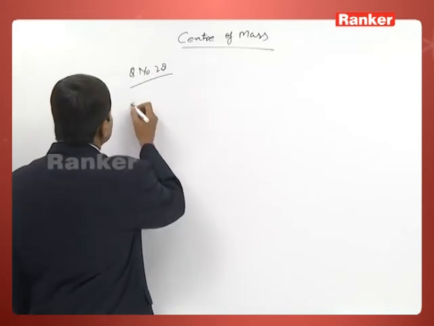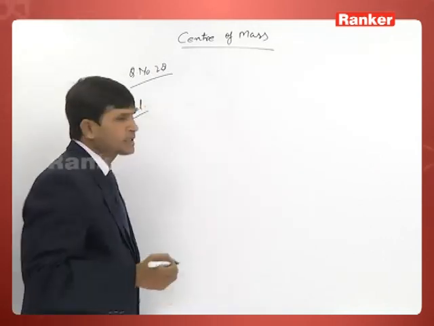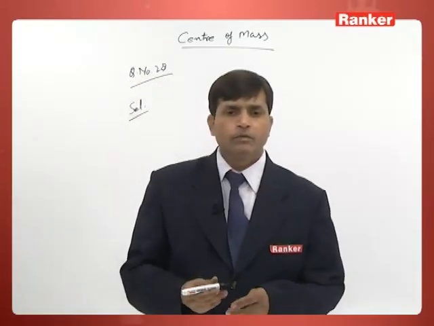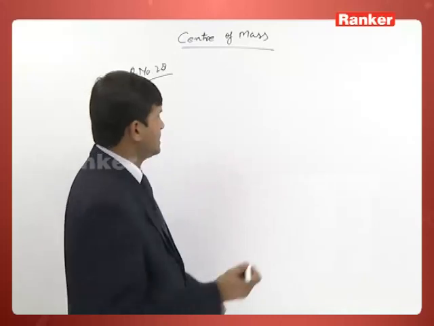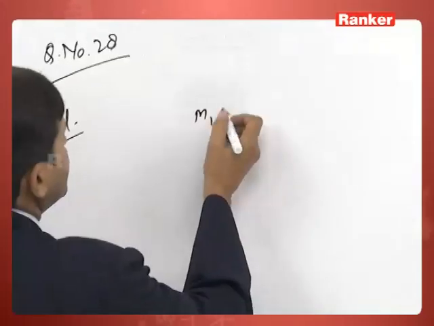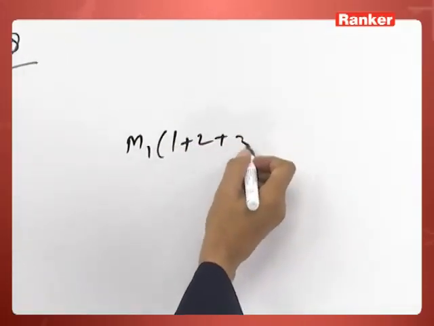So as per the given question, there are masses 1, 2 and 3 kg. The center of mass here is (1, 2, 3). The total mass m1 is 1 plus 2 plus 3.